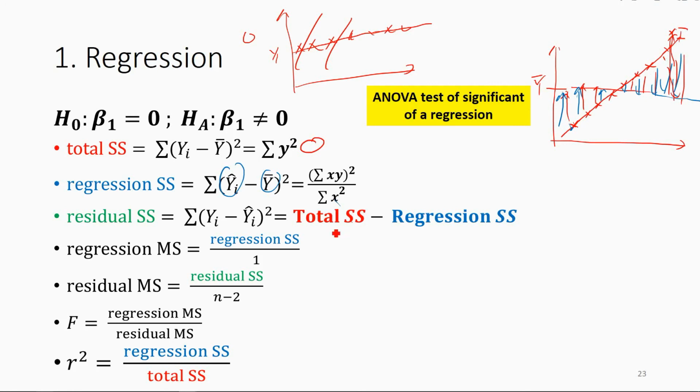Minus the regression sum of square, you get a very, very small residual sum of square. That means the percentage that is unexplained is very small.